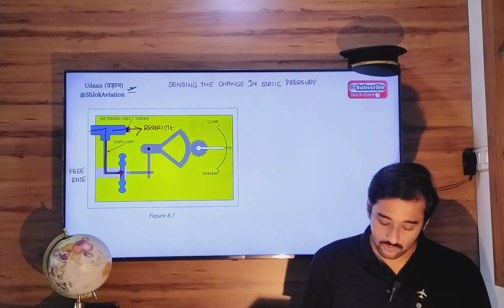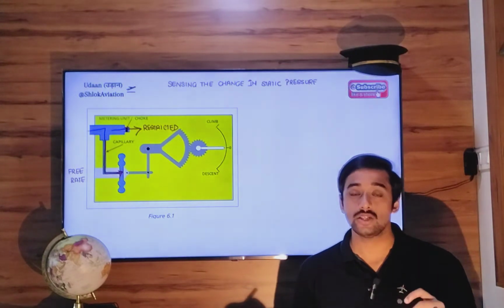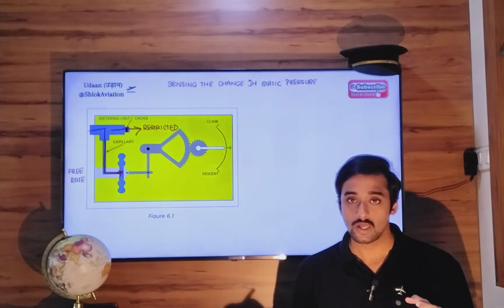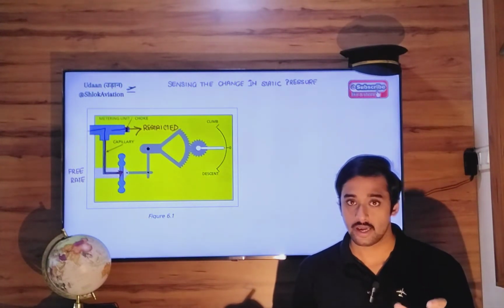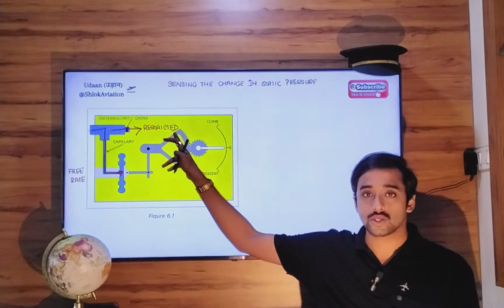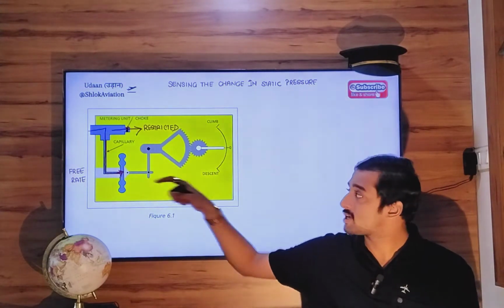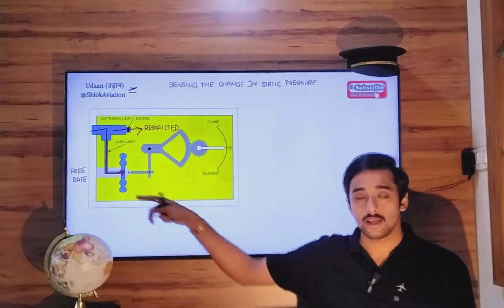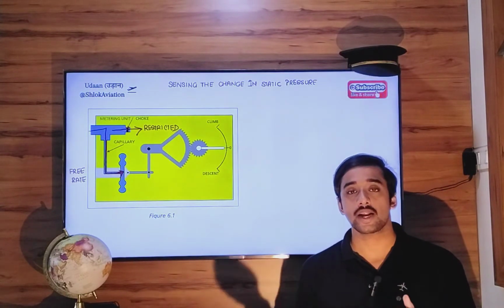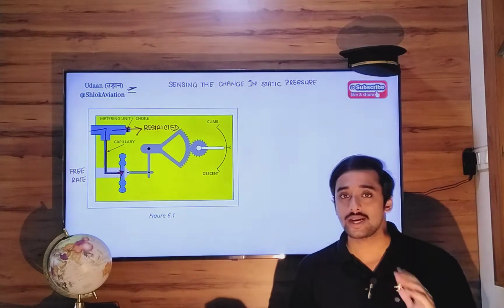Finally, the comparison is done between the change in the rate of static pressure. This rate at which static pressure is fed to the instrument will be compared with the static pressure fed to the aneroid capsule. And this comparison will give us the rate of climb or rate of descent, how fast we are climbing or how fast we are descending.